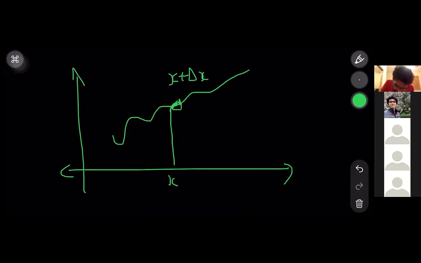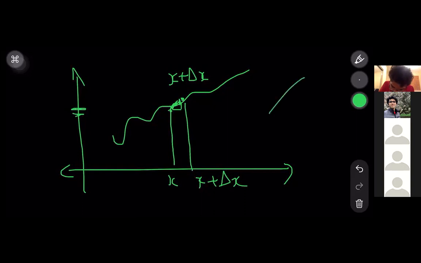It would be this point minus this point, which is basically the f of x plus delta x over here. Then you subtract f of x, okay, and then you have to divide it by the base of the triangle. The base is nothing but x plus delta x minus x, which would be delta x. Do you guys remember that formula that we discussed?